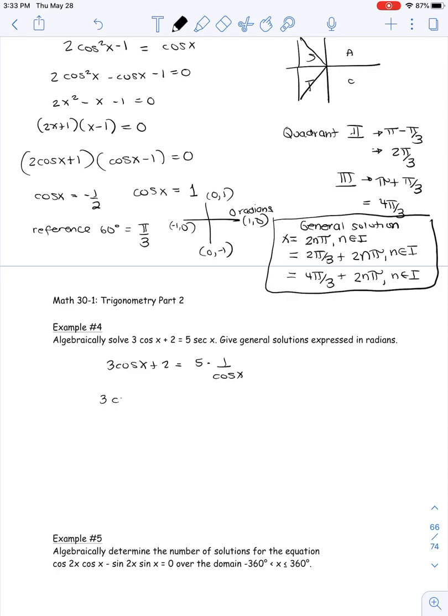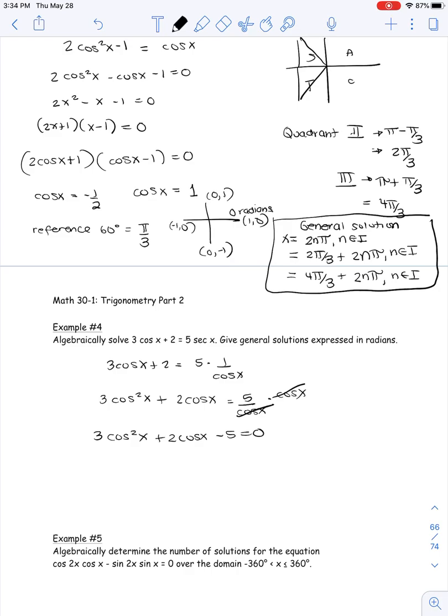So it'll be 3 cos squared x, so everything is multiplying by cos of x. Then 2 cos of x equaling 5 over cos of x times cos of x. So these guys will cross each other off. So that was the situation where I wanted to get rid of the fraction. And that leaves you with bringing 5 over a quadratic equation.